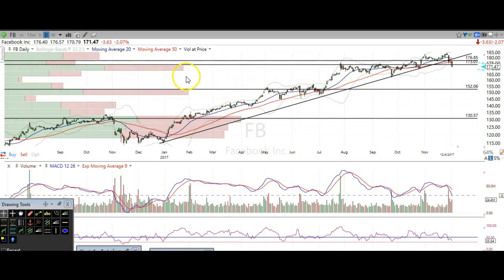You can see one of the biggest volume supports on this stock. Just above where we are is a lot of support as well, and then the next one is down here at about 152. So if we head lower, 152 is a really, really good buying opportunity on Facebook.